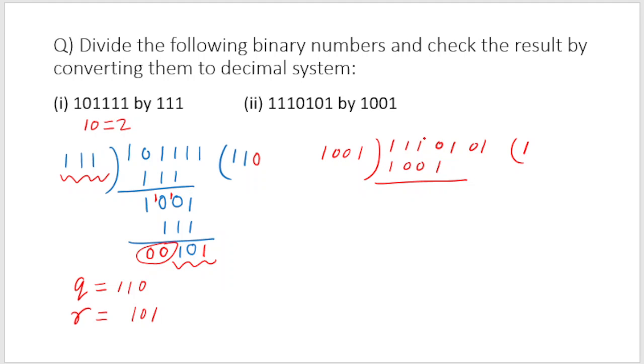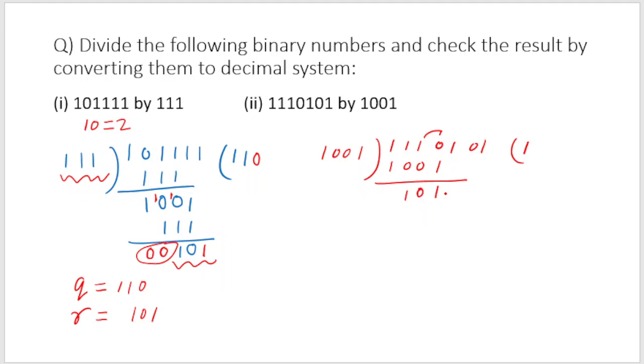So if I subtract, it will be borrowed from this, so it will become 1 0, that is 2, so 2 minus 1 is equal to 1 here, and it is 0, so 0 minus 0 is 0, 1 minus 0 is 1, and 1 minus 1 is 0, so no need to write it on the left. Writing 0 here will be meaningless, so I just leave that.